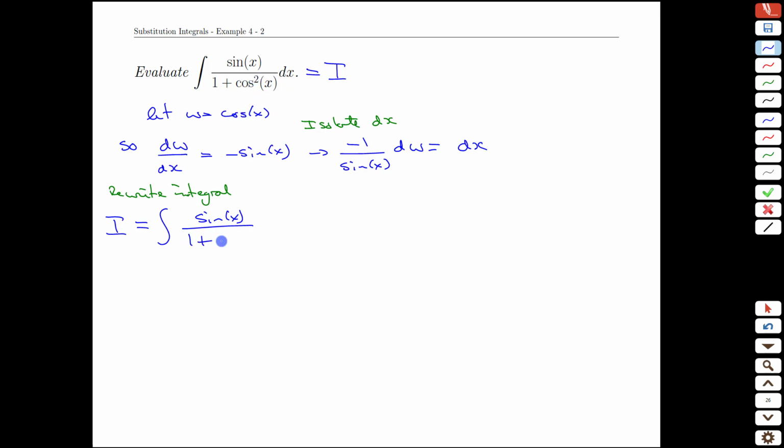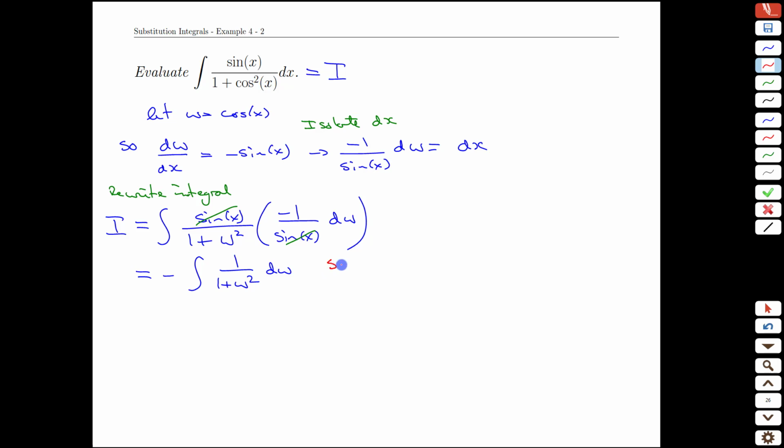If w is cos, that'll be w squared then in the denominator. Then we had the dx term, which we just said could be replaced by negative 1 over sine of x. And there's the dividing by sine of x that we want to do because it lets us cancel. And when we tidy that up, we end up with the integral of 1 over 1 plus w squared dw.